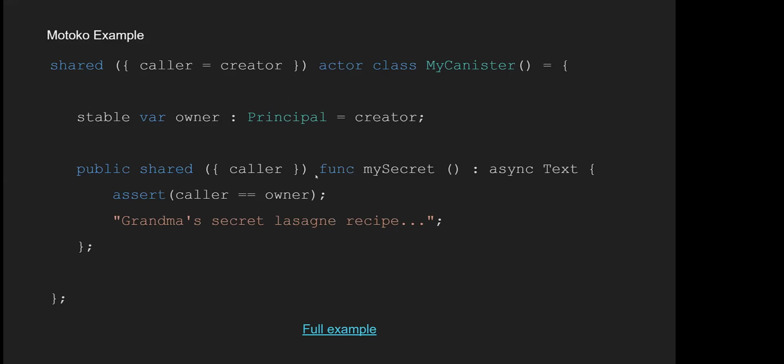In some of our other functions, like this function down here called mySecret, where we're going to perform an assertion, if we forgot to put this caller chunk in our function definition, we would actually be using the caller definition from one step up in the scope, which might have been the creator of the contract.